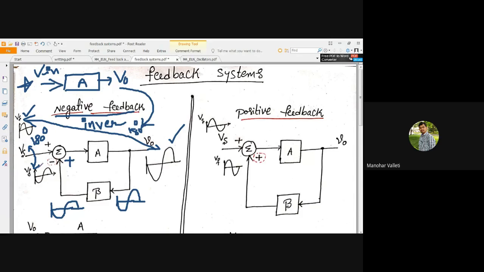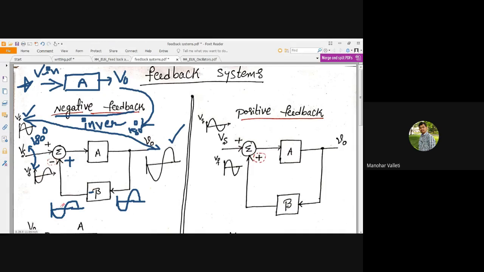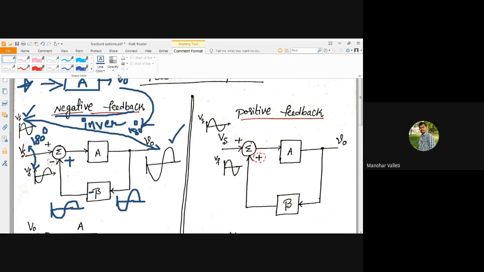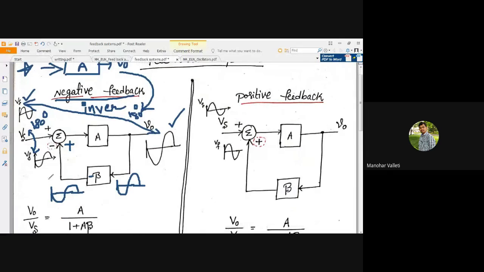So for that to happen, what I need to do, whatever the beta network is there, if the beta network is introducing 180 degrees phase shift, so that the output you are getting here is like this.